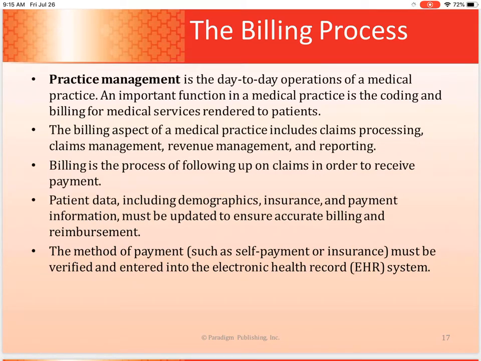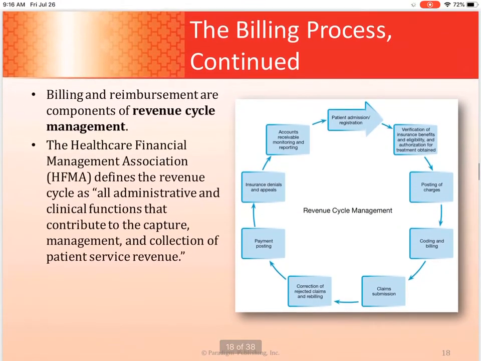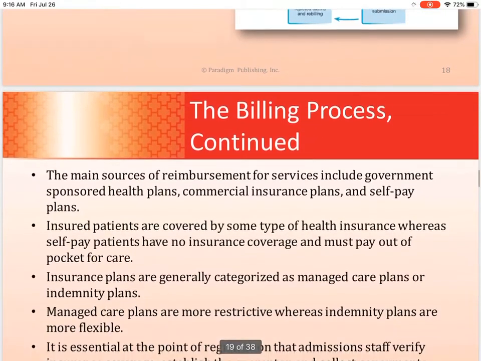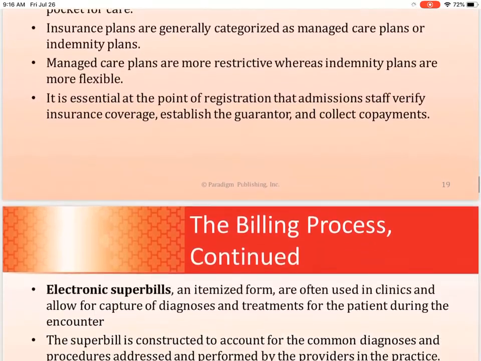The method of payment, such as self-payment or insurance, must be verified and entered into the electronic health record. Now, dropping down to, and again, like I said, these slides are all wonky, so slide 18 here has our figure 9.1 for revenue cycle management, so just a little bit out of order there.